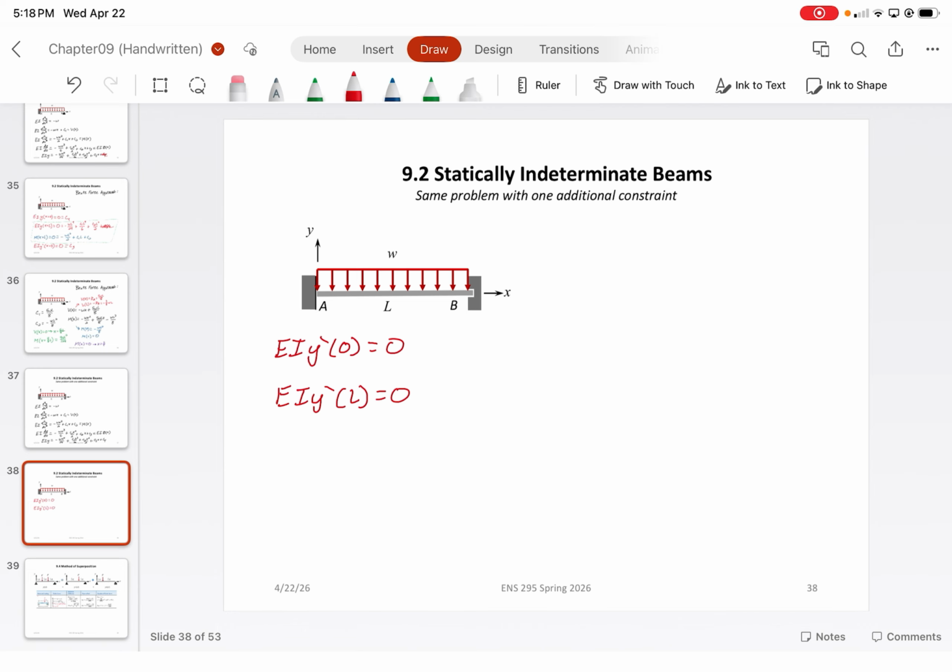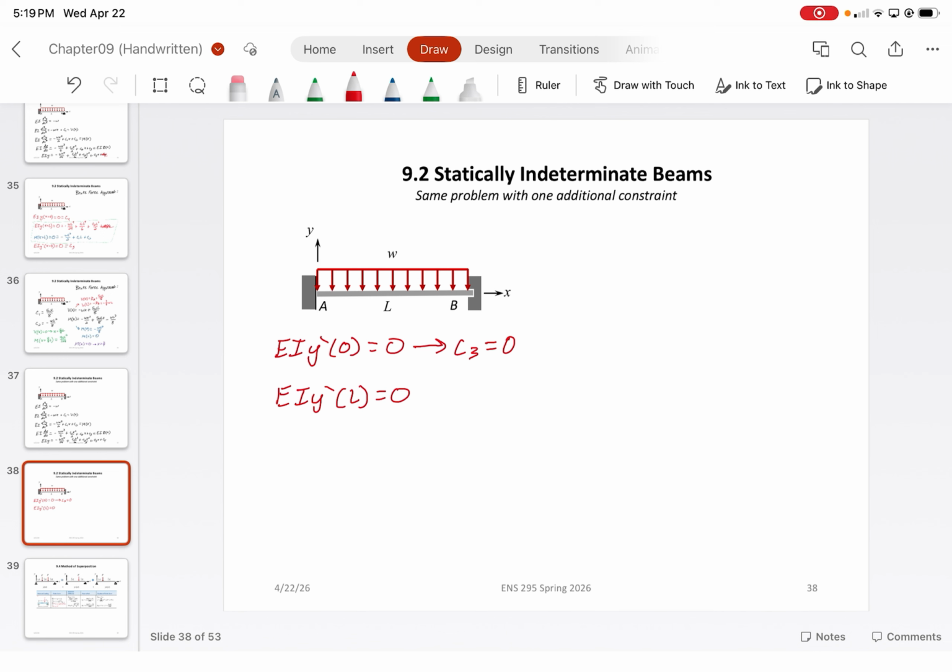When you solve for these, you would find that plugging in EI y prime of 0 equal to 0, C3 becomes 0. So C3 is equal to 0.